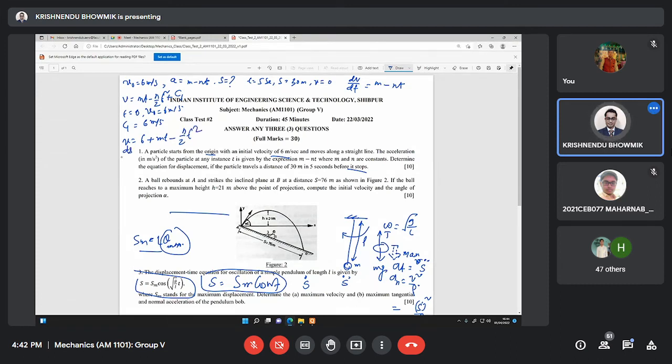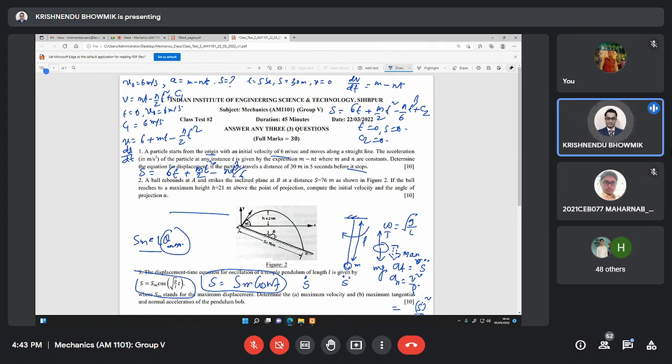That is ds by dt. Hence s equal to 6t plus m by 2 t square minus n by 6 t cube plus c2. When t equal to 0, s equal to 0, started from origin, so c2 equal to 0. So s equal to 6t plus m t square by 2 minus n t cube by 6.